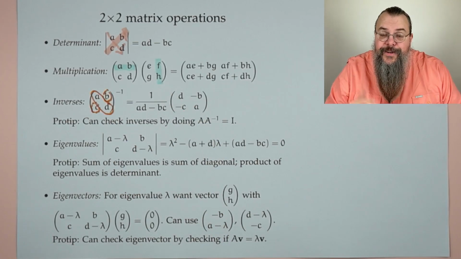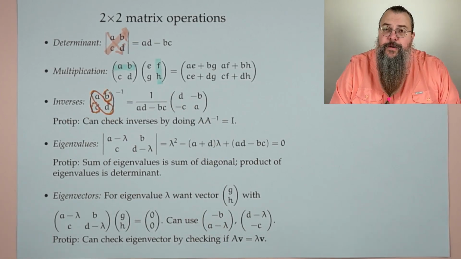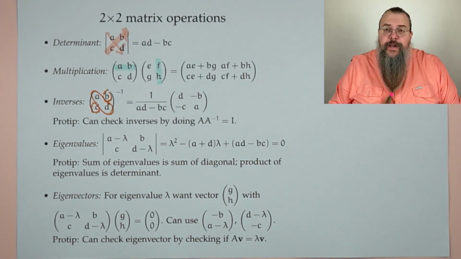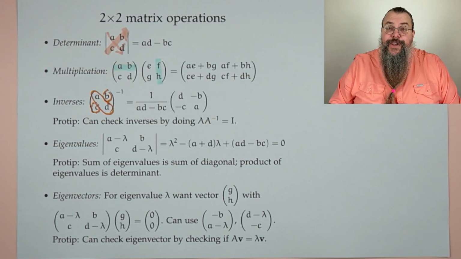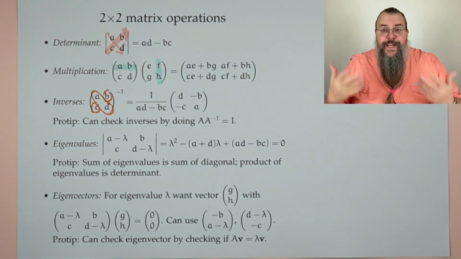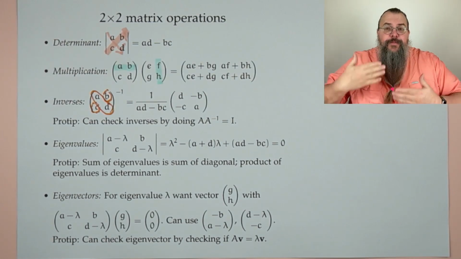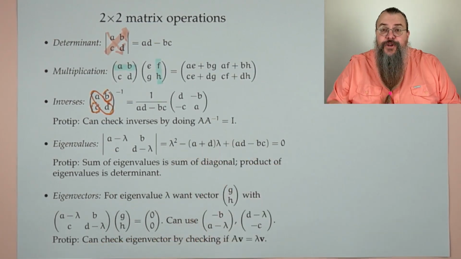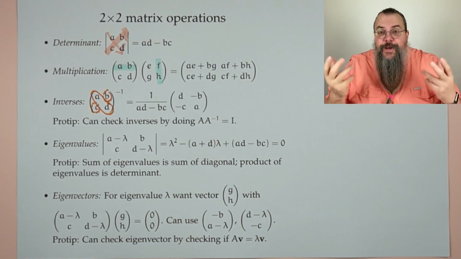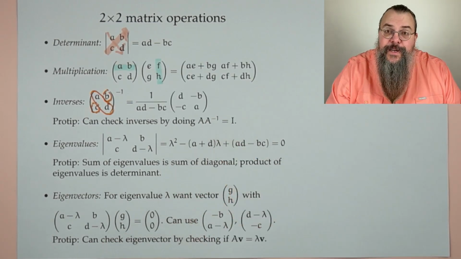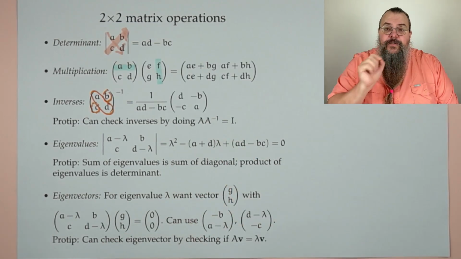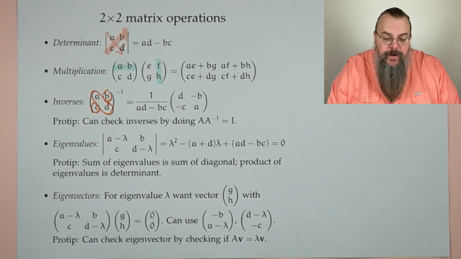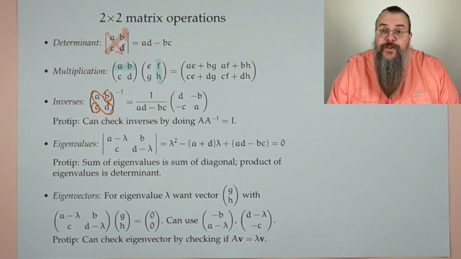And done. That's it. Now you might say, well, I'm a little bit worried. Did I do the inverse right? Well, you can check. Because what does it mean to be an inverse? Well, it means if you multiply the matrix times its inverse, you should get 1. Well, 1 here stands for the identity matrix. It's the matrix 1, 0, 0, 1. All right, and so you can always check your work.